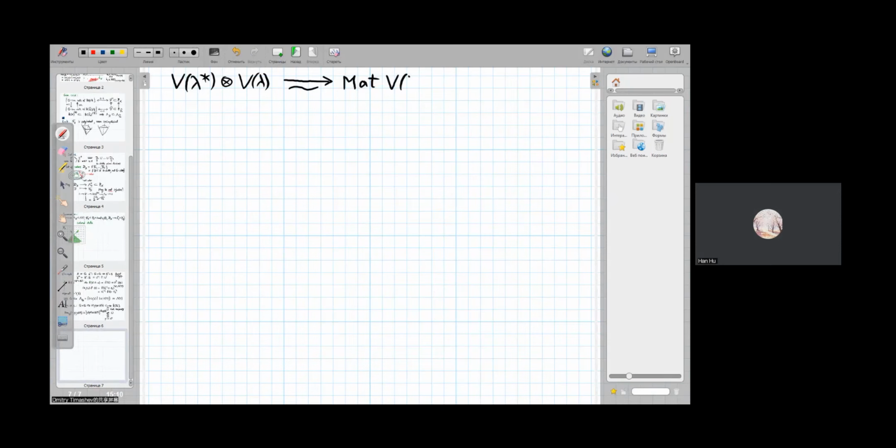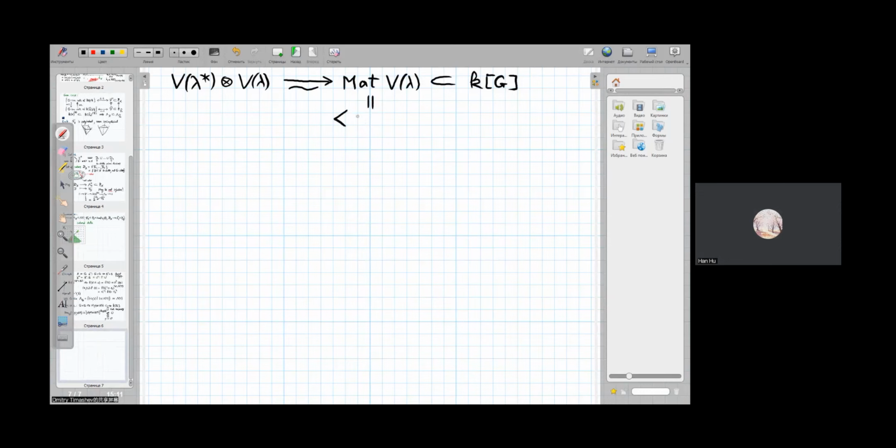It is a subspace of functions on G defined as follows. It is the linear span of all functions of the following kind.